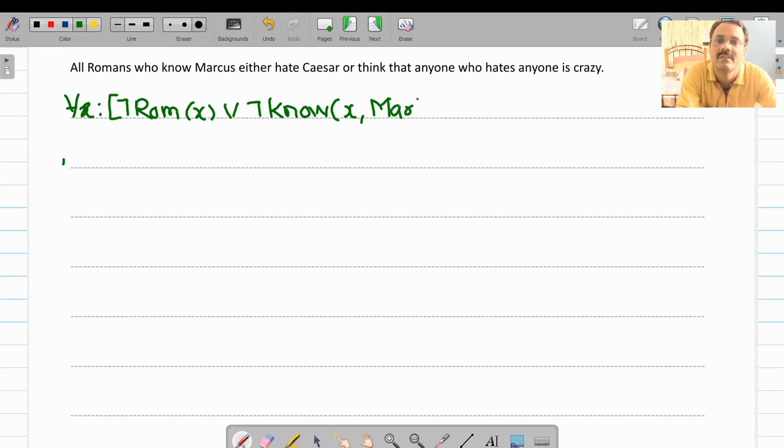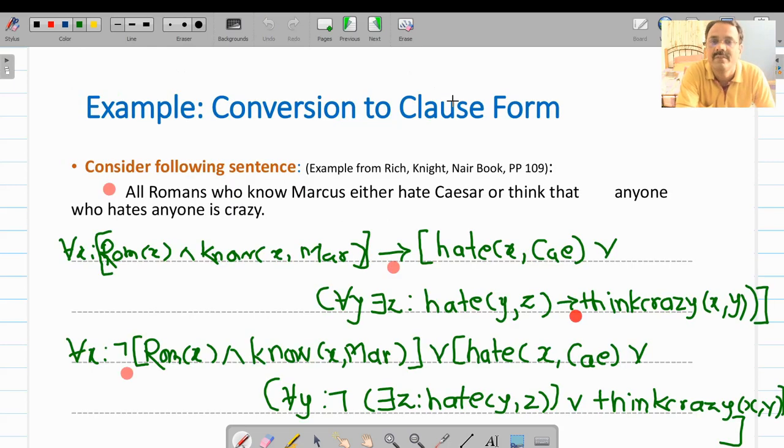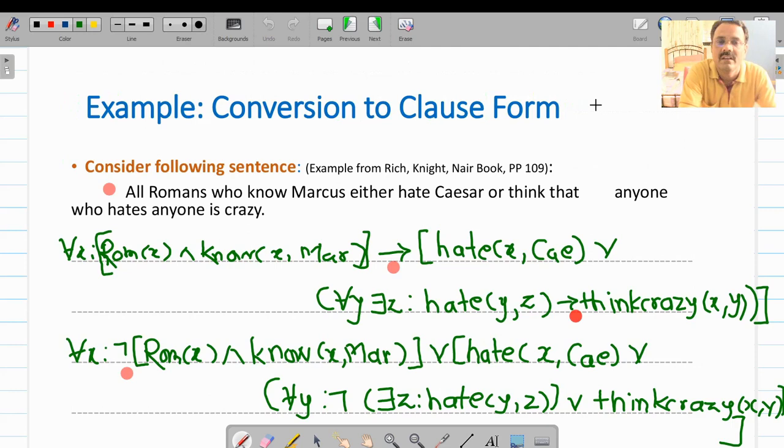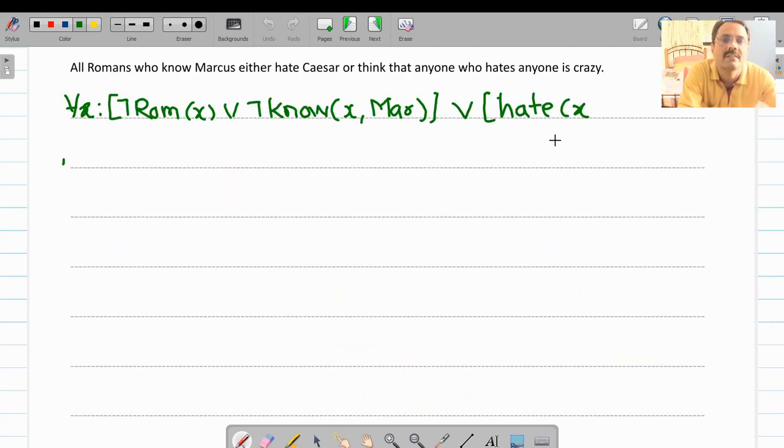So this part we have done. Go back. Now this or as it is, hate x comma Caesar as it is, or hate x comma Caesar, then this or.